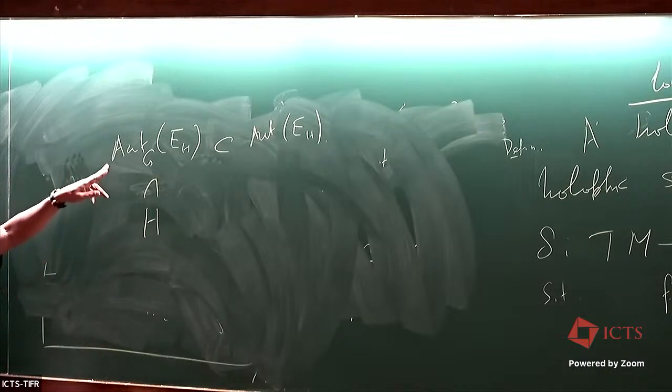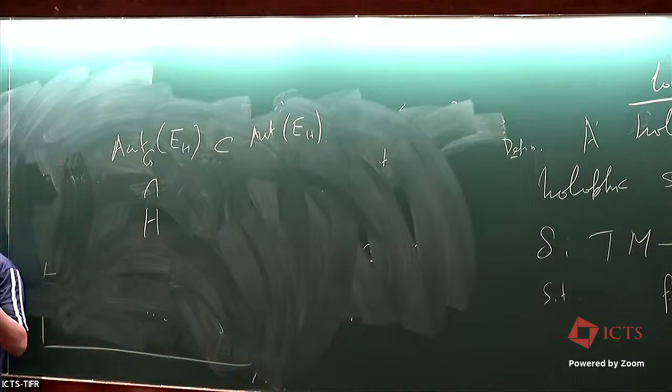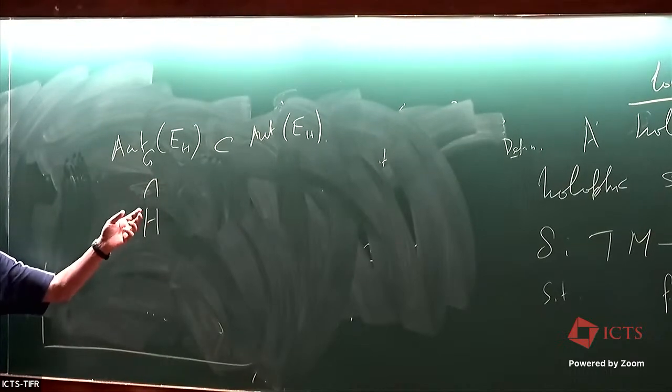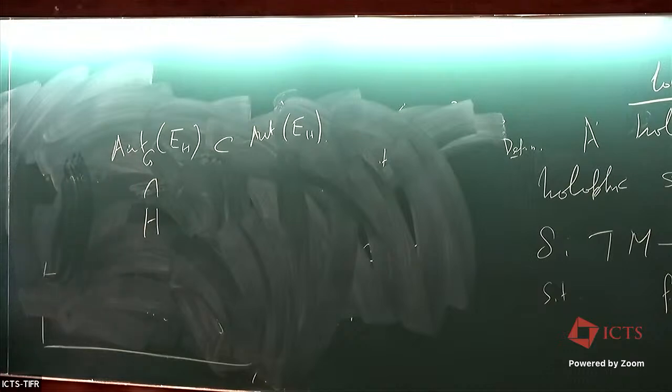Because an automorphism is a section of the gauge bundle, you can evaluate the section, and the fibers of the gauge bundle are identified with the group itself. So it is contained in that.